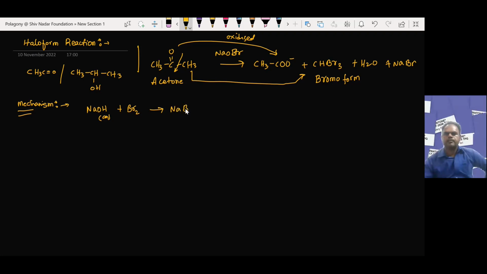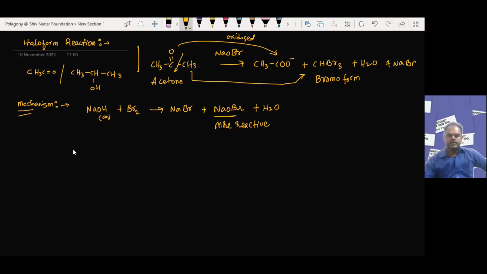We get NaBr plus sodium hypobromite plus water. The sodium hypohalite, this sodium hypobromite, is more reactive. The sodium hypobromite reacts with this ketone, and it can convert the ketone into carboxylic acid and the bromoform compound.